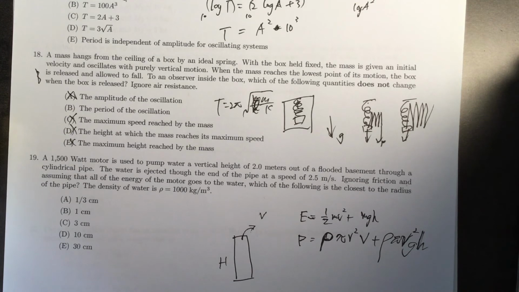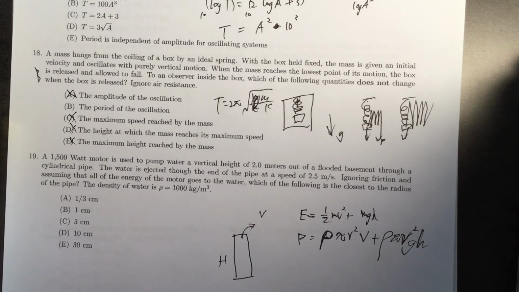It's actually simple to think of, because all the power has to overcome the force against the water being pumped out, the gravitational force, which is mgh. And we know the mass of the water is equal to the density of the water times its volume. Its volume is just the volume of the cylinder. It's a cylindrical pipe, which is pi r squared times h.